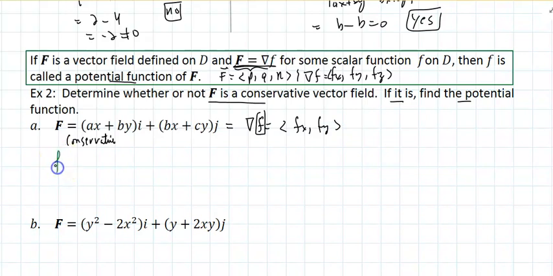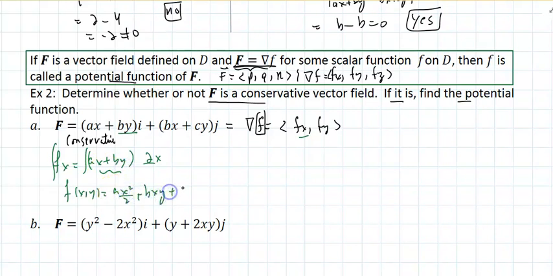So you start either way, it doesn't matter. If I start with, let's say, f sub x, the partial of f with respect to x equals ax plus by, because the i must equal the i. And if I integrate, and remember, I am undoing a partial derivative. So f of x, y should equal ax squared over 2 plus bxy plus a function of y. Why a function of y?